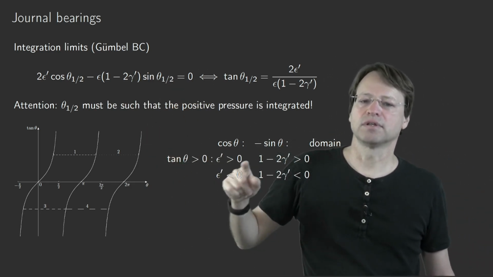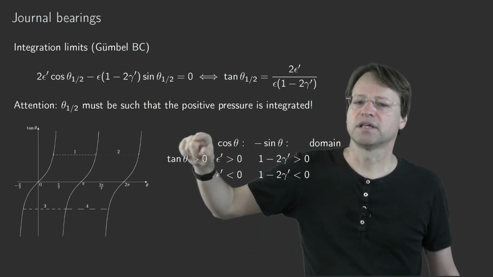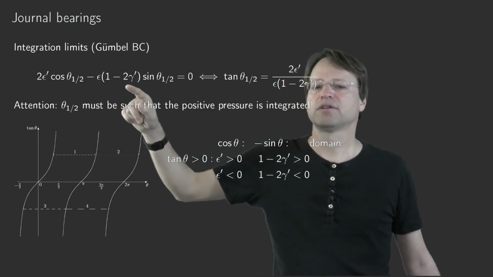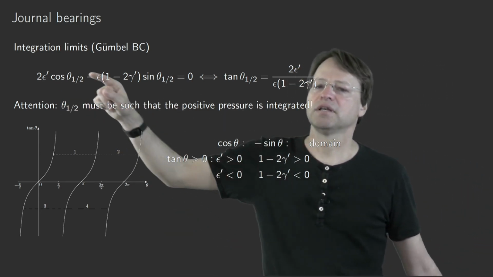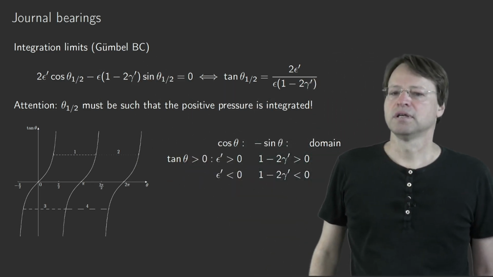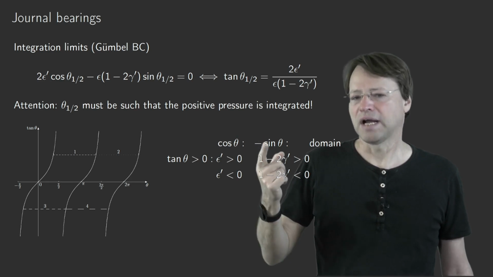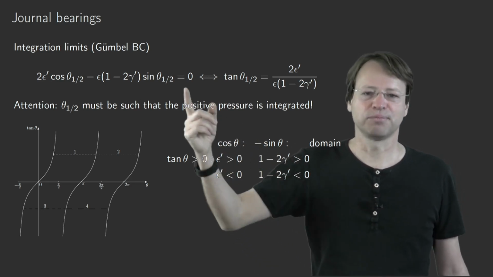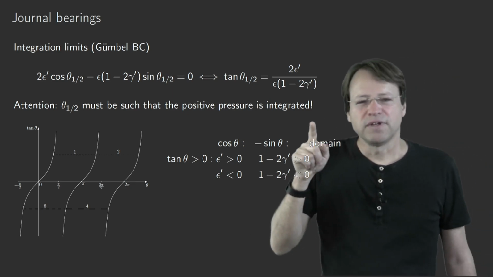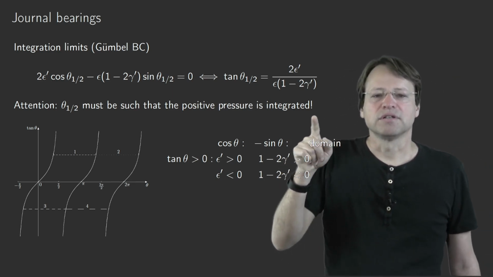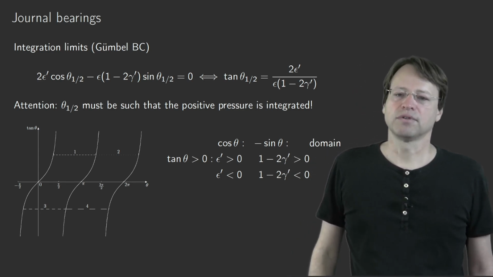If epsilon prime is positive and 1 minus 2 gamma prime is also positive, something can be said about the cosine theta and the sine theta to get a positive sign here. Let's take, instead of the sine theta, minus sine theta. Yeah? You can see that if these leading factors are positive, then in order to get a positive pressure here, we need a positive cosine theta and we need a negative sine theta, or minus sine theta to be positive, which means sine theta must be negative. Now let's figure out where are the positive values of the cosine, where are the negative values of the sine.